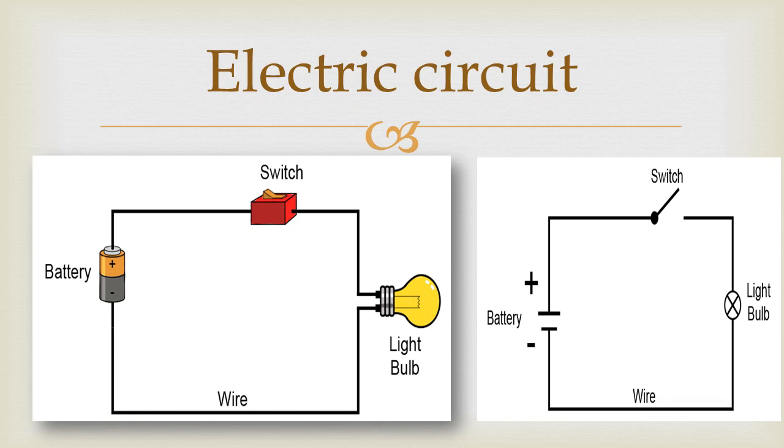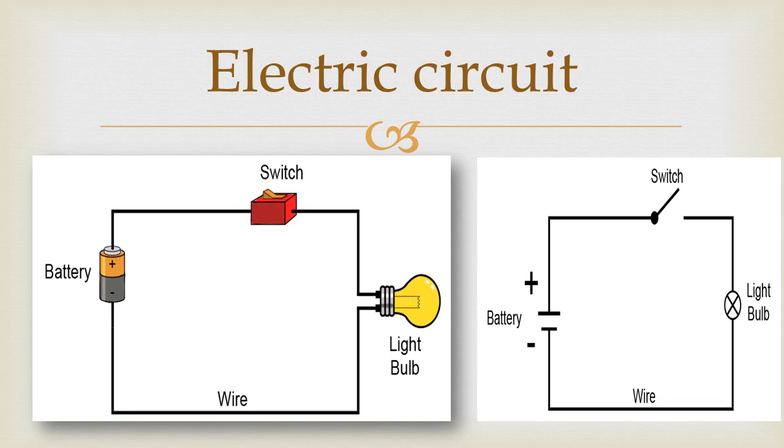Now students, when we close the plug key, that is a switch. In the next figure you can see a switch, battery, a wire and a light bulb. Now if we close a plug key or switch, what happens? The bulb will light up.